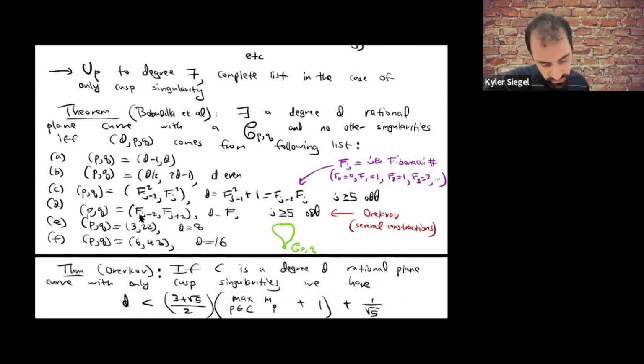Or equivalently, you could think of this as saying that as the degree increases, you have to see some point of high multiplicity.